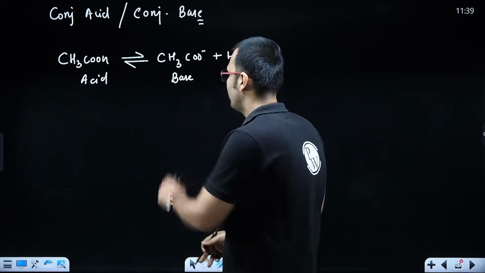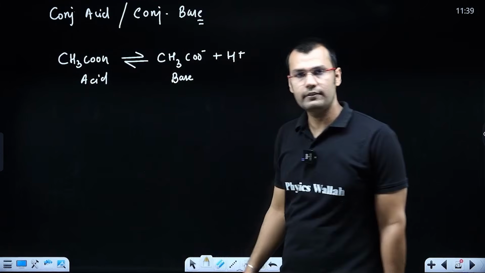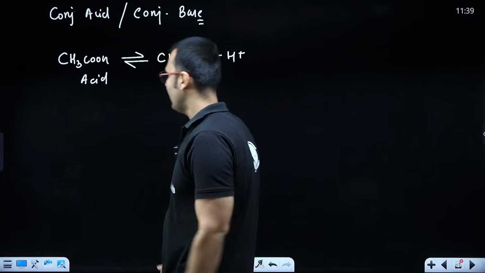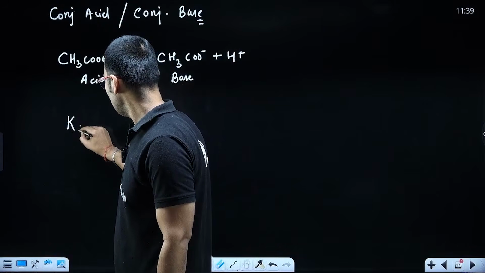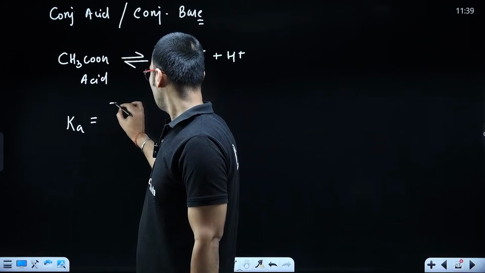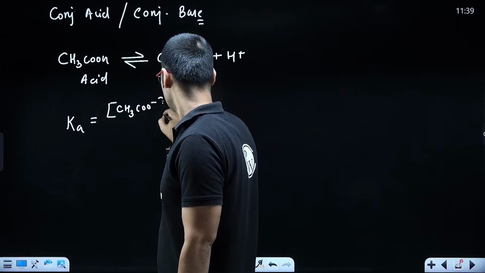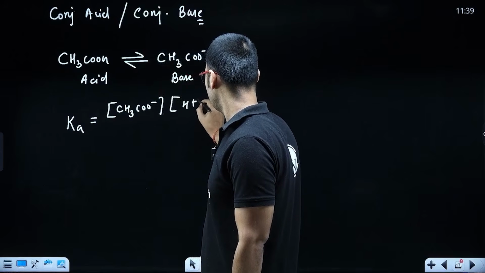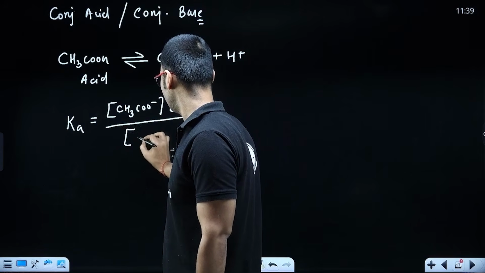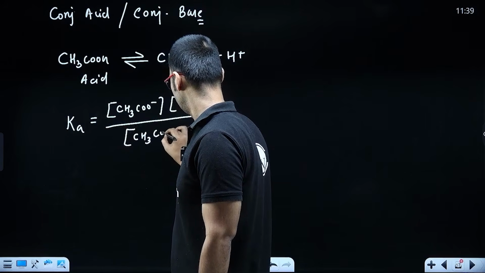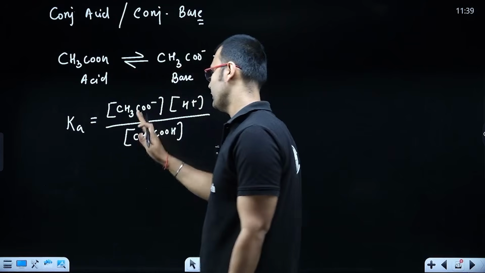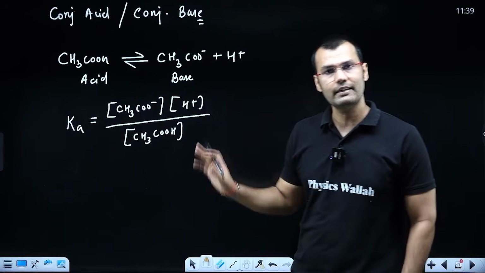Now from this reaction if I write the dissociation constant for your acid, the dissociation constant Ka can be written here as concentration of acetate ion into concentration of H plus ion divided by concentration of acetic acid.